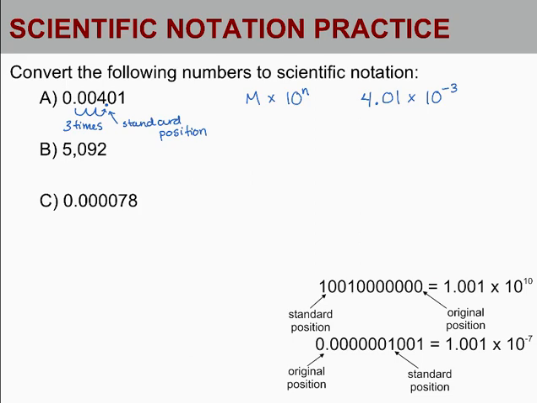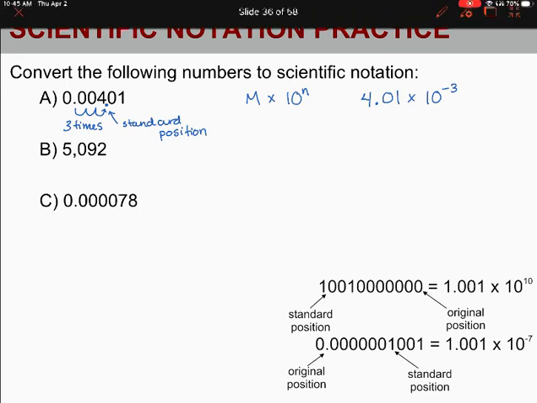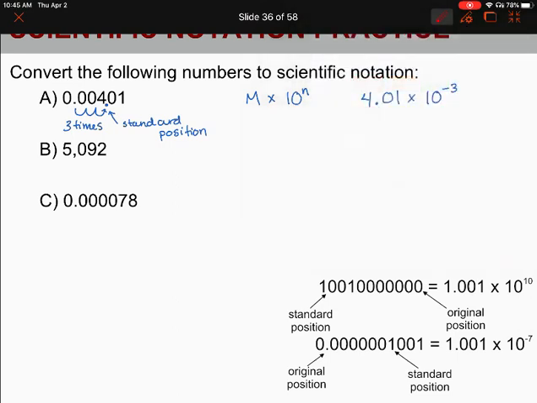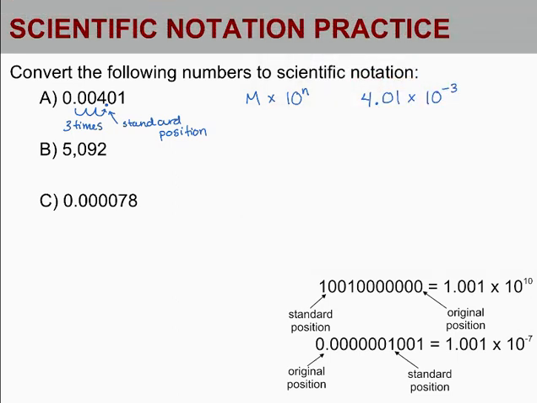Okay, now for B, I'm going to use a different color so that we can avoid confusion. So in B, we have a larger number, 5,092. So we're going to imagine a decimal point at the end here. So we'll say that that is the original position.